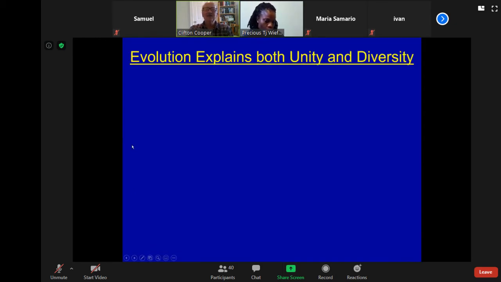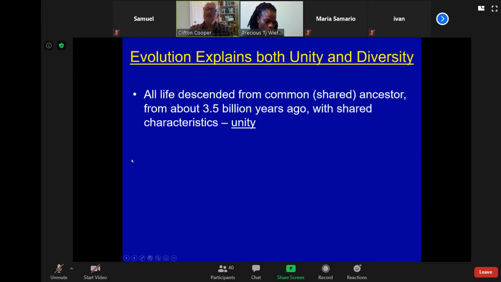All of that gets to the idea that life forms evolved from a shared ancestor. Evidence that we have now indicates that we had life forms on the planet by about 3.5 billion years ago. Earliest life form showing up around then. How old again do we think the planet is? 4.5 billion years.